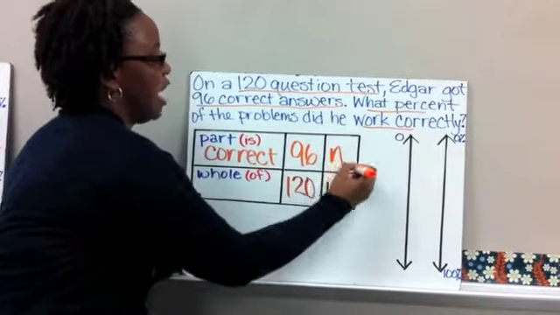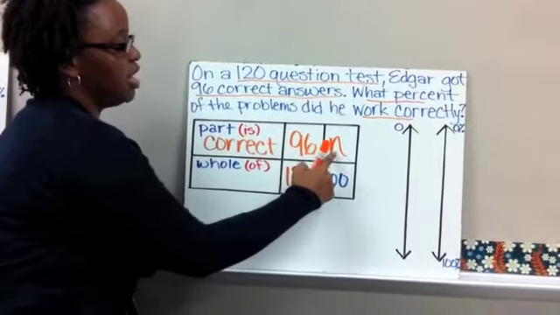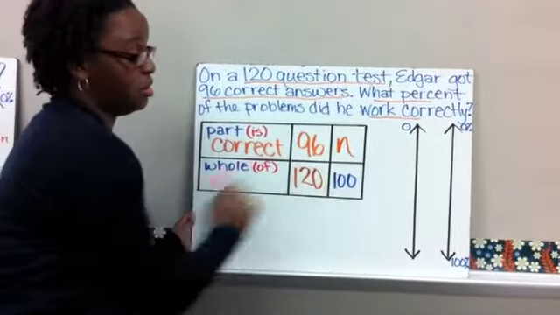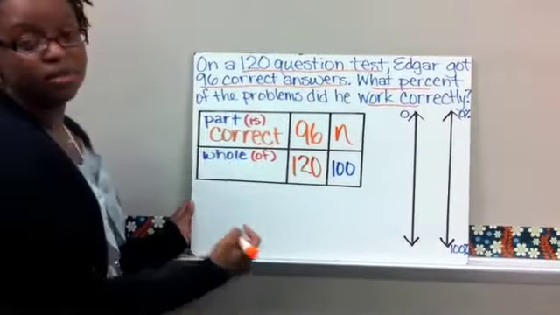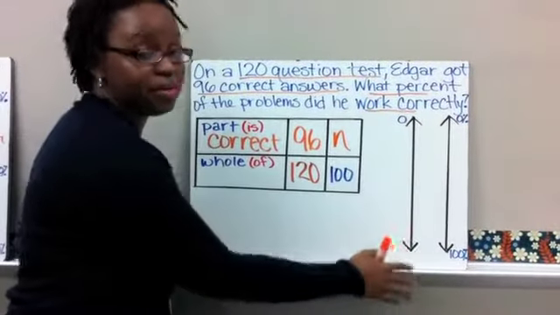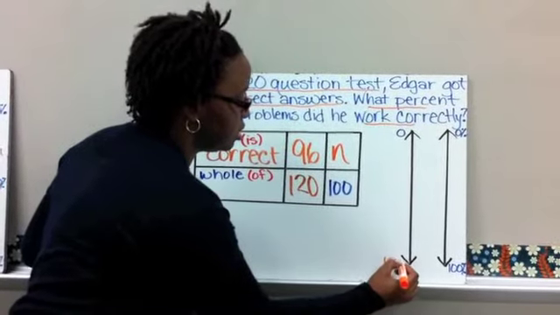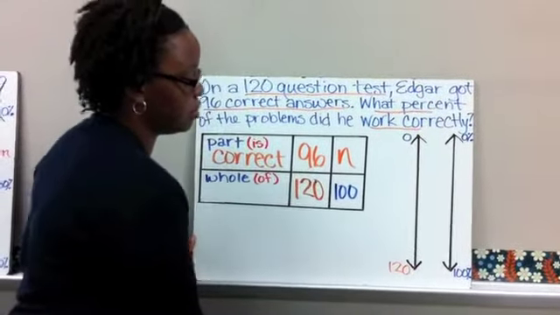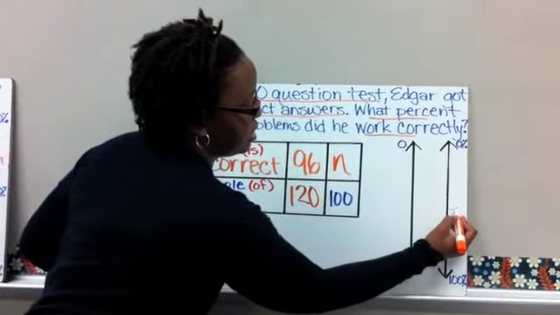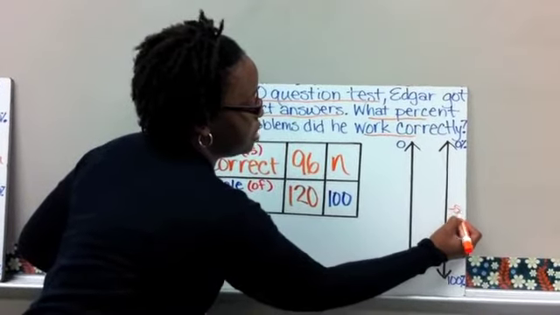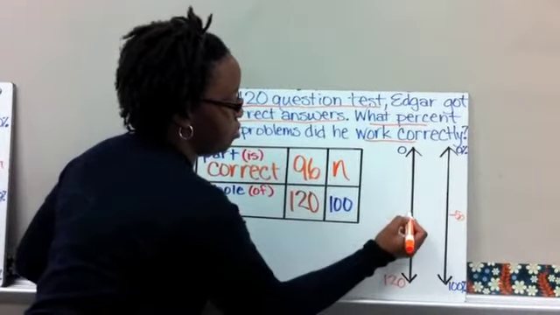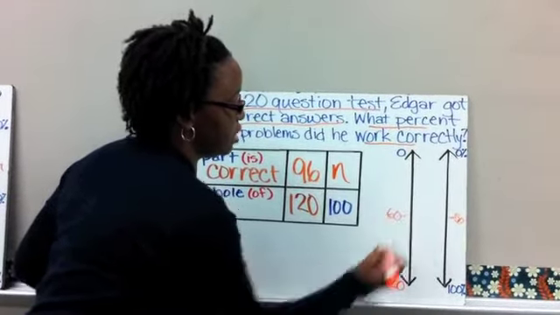So I have the number that he worked correctly. I'm looking for the percent that he worked correctly. Now I'm going to use my percent or my vertical number lines to estimate my answer. So the whole test is 120 questions. I know that 50% of that, or half of that, would be 60 questions worked correctly.